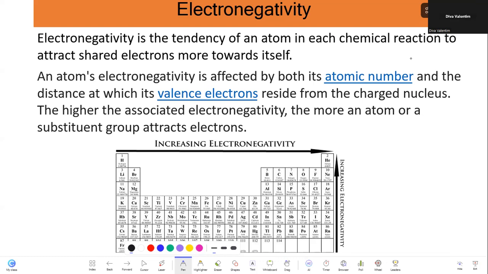An atom's electronegativity is affected by both its atomic number and the distance at which its valence electrons reside from the charged nucleus. The higher the associated electronegativity, the more an atom or a substituent group attracts electrons.